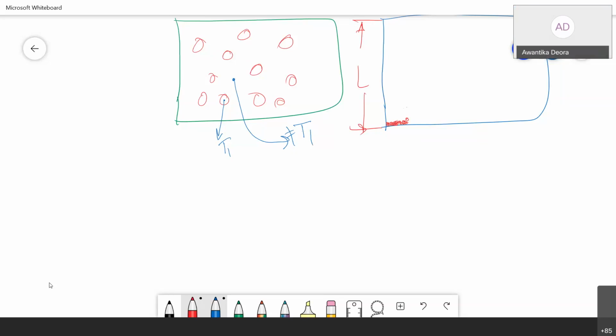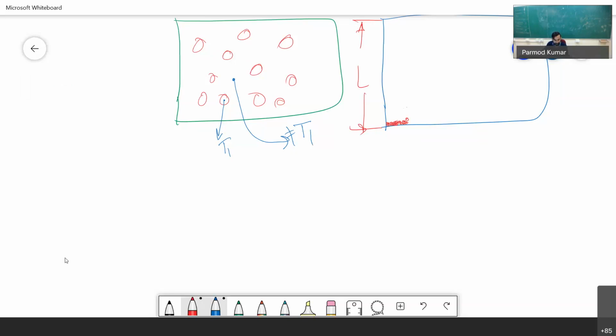Okay, then I am taking the next question from the Excel sheet. Why have we not considered voids in macroscopic analysis, and why is it required?